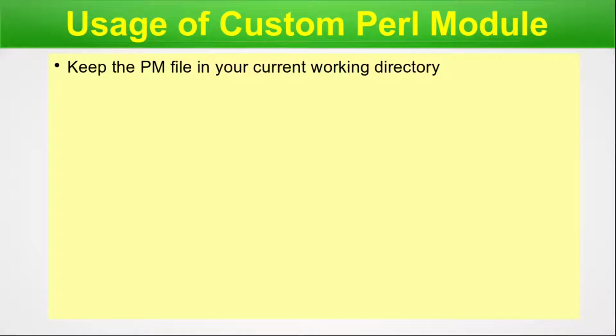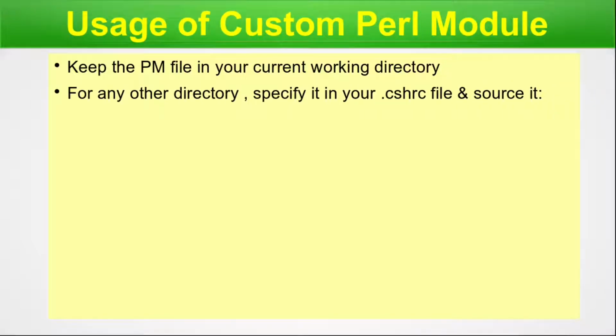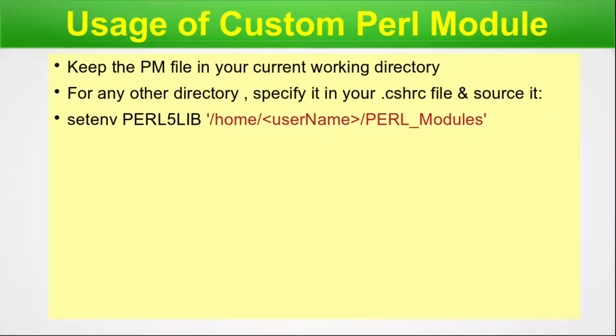A pm can be reused in multiple areas. That is the benefit of the Perl module. Where can you keep it? You can keep it in your current working directory. For any other directory you can specify it in your cshrc. How? Let's see in the next lines.